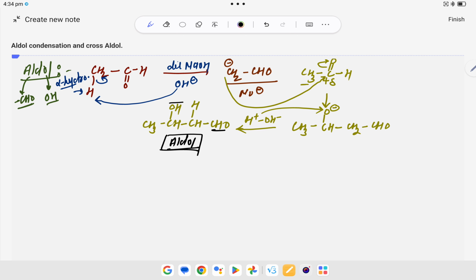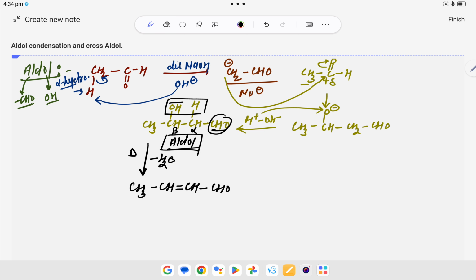After the aldol formation, what do you have to do? Simply heat the species and condensation will be performed. So this is your main functional group, this is your alpha carbon, this is your beta carbon. From the alpha and beta carbon, by heating, remove water and condensation is completed: CH3, CH double bond, CH, CHO.